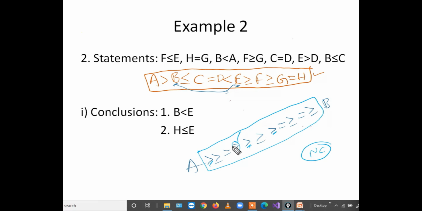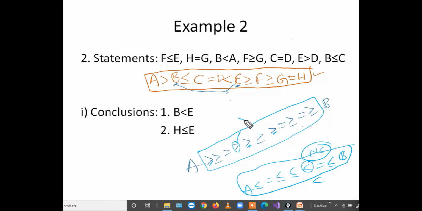In the same way, in the reverse manner, suppose it is A less than or equal to, less than or equal to, less than, less than or equal to B. Between the elements, if all the inequalities are of same polarity with at least one less than, result will be less than. Okay, remember these 2 points.